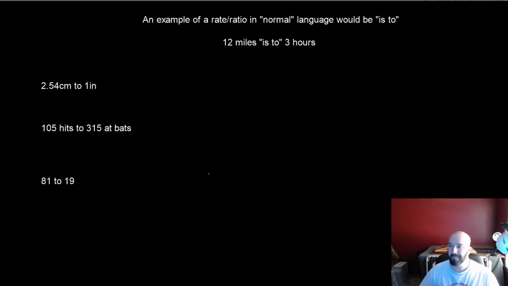But it is its own thing. When we say "is to," we're talking about a ratio or a rate. The example here would be 12 miles is to 3 hours. If we wanted to write that as a fraction, we would say 12 miles over 3 hours.